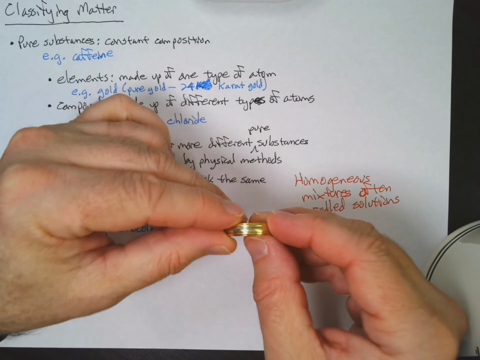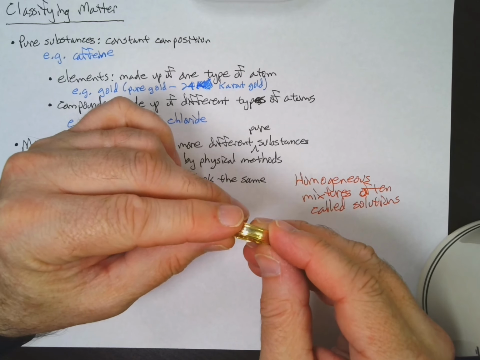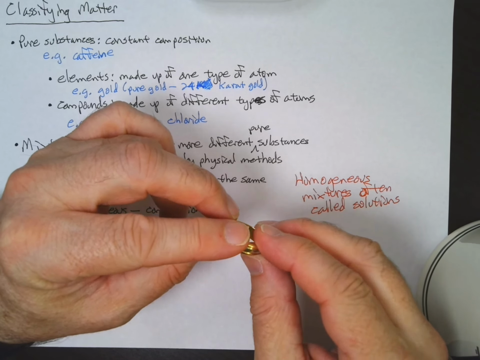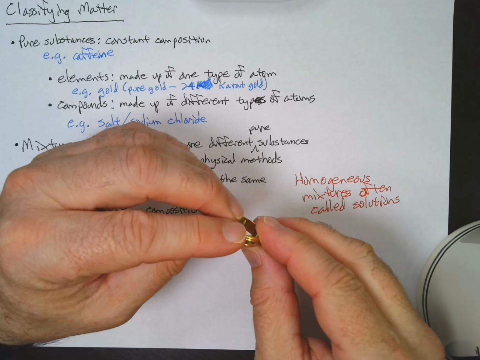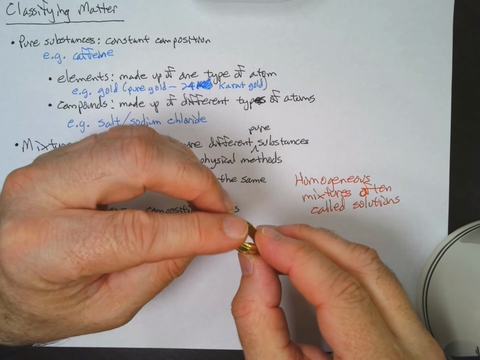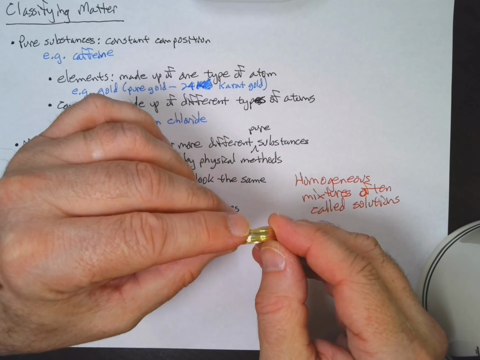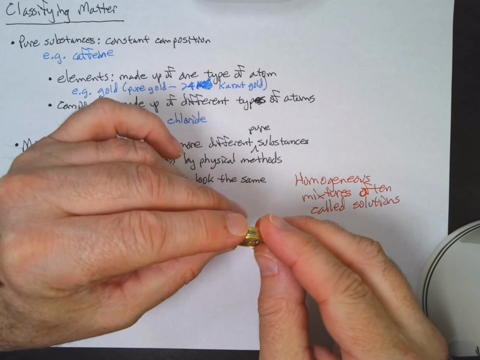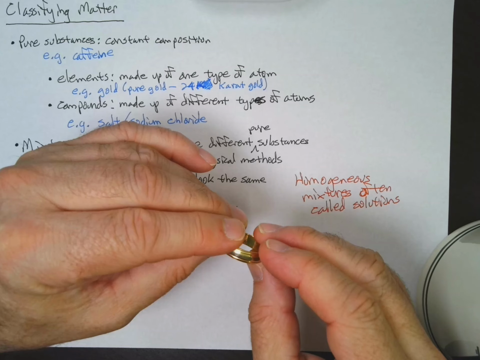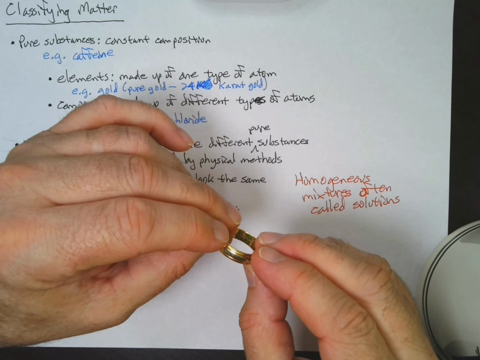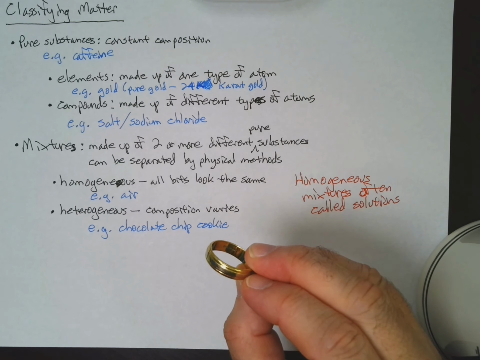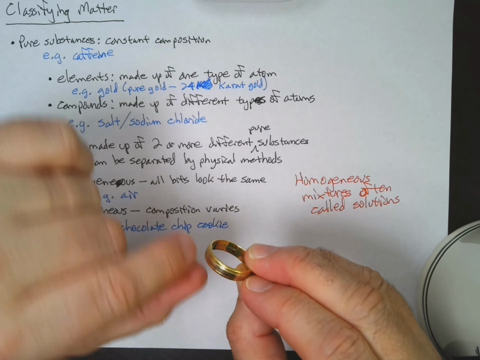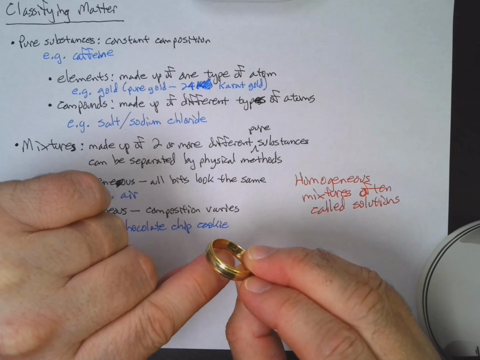So here we have my nice wedding band, and if I look on the inside here, I've got my little inscription, which you probably can't see, which is fine. And then there's a little indication, Shane Company, and it should have the carats, and I really can't see it, but I think it's 14 karat.